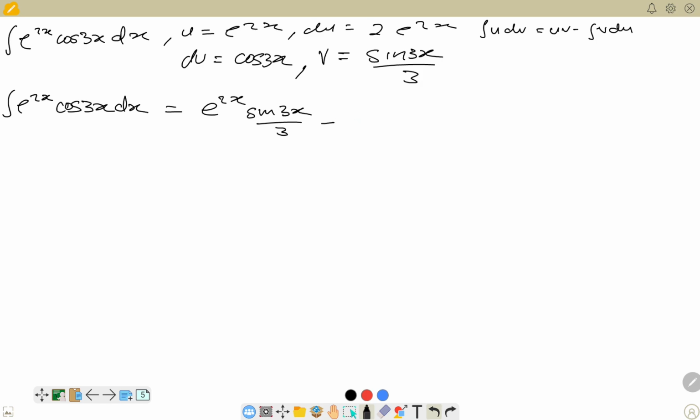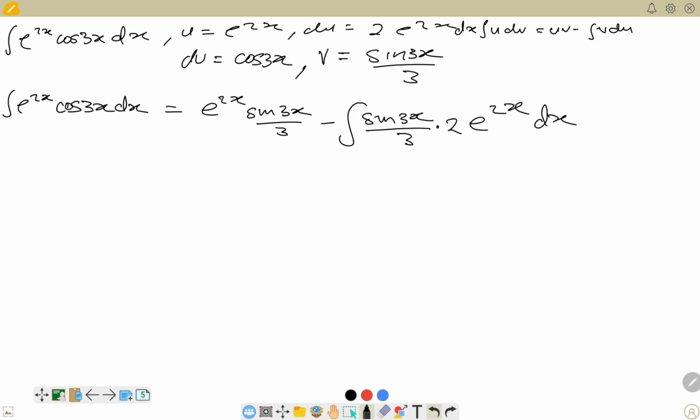Then we go and subtract, we said it's v du. v is sine 3x over 3, then du is 2 times e to the power 2x dx. We can write dx there.